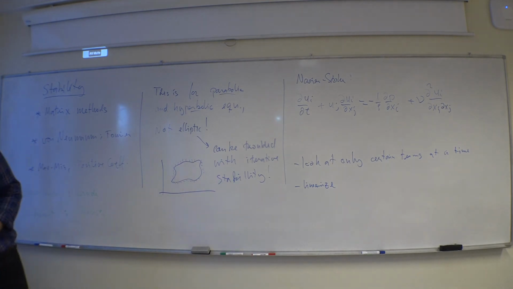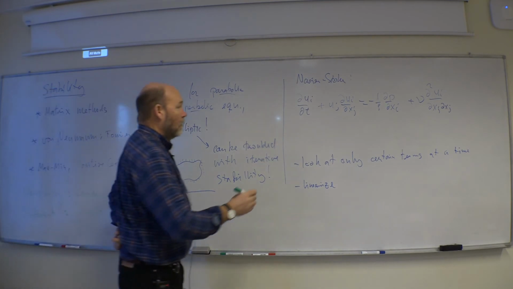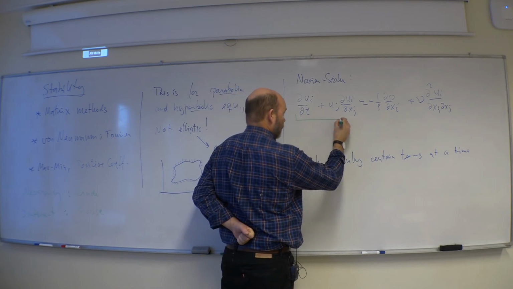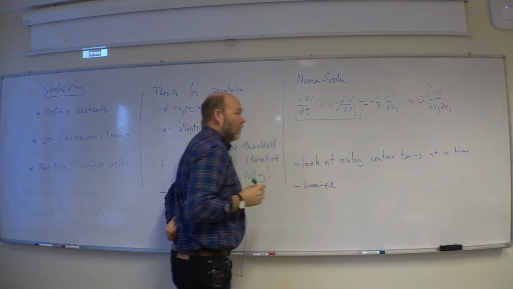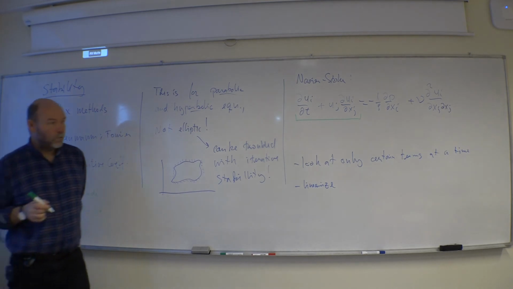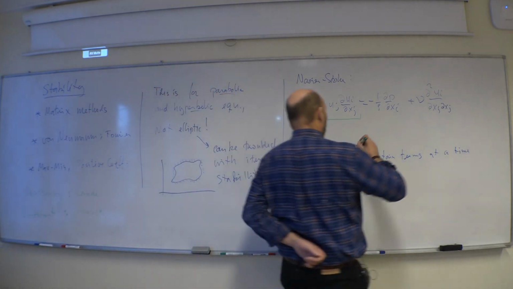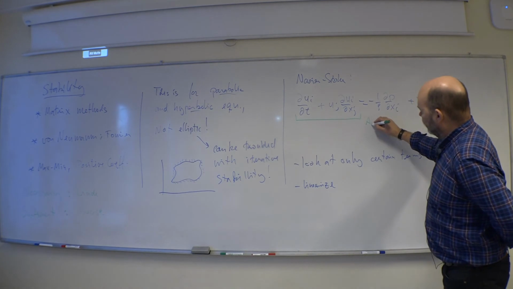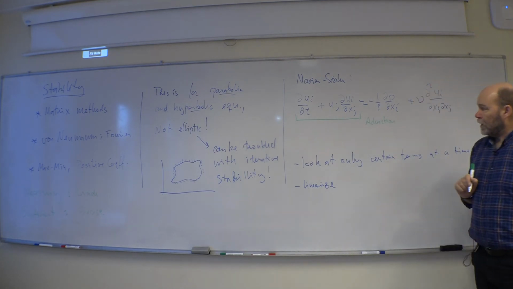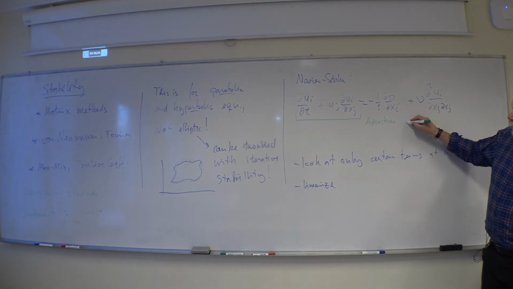So what are we going to do? Well, we start with looking at these two terms. That is then the advection equation. So we start here, only these two terms, advection. And that one is actually a hyperbolic equation.